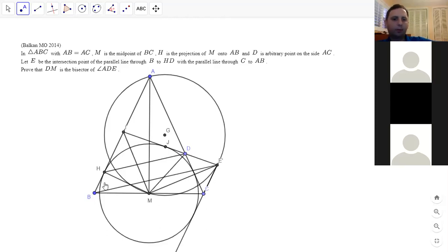So then we'd want to show BH over HI is ID over DE prime, but ID over DE prime, that's also AD over DC, and that's also AI over CE prime. So yeah, that might be an easier way to think about this.